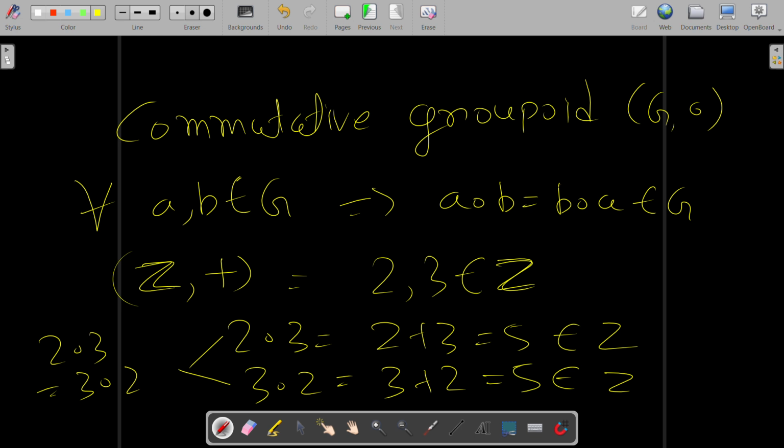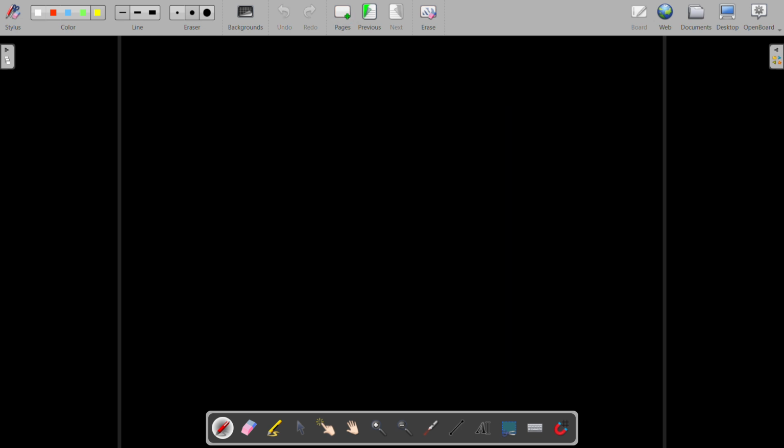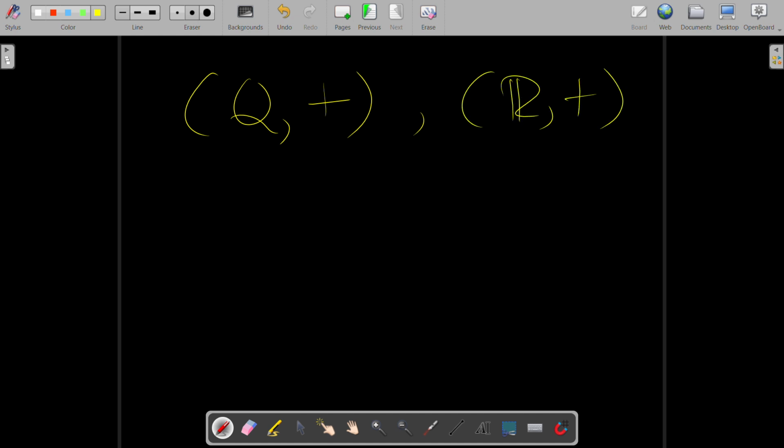So a groupoid which satisfies the commutative property is called a commutative groupoid. Some more examples of commutative groupoids are the set of all rational numbers under the binary operation addition, or the set of all real numbers under the binary operation addition, etc.